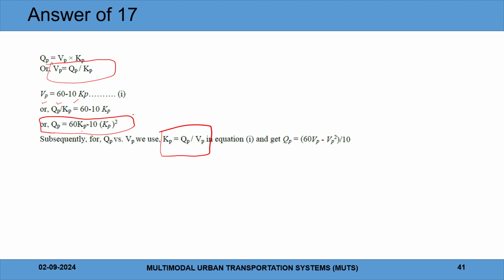If we put this value in the equation qp equal to 60 kp minus 10 kp square, in place of kp we use vp, and we will get qp equal to 60 vp minus vp square by 10.